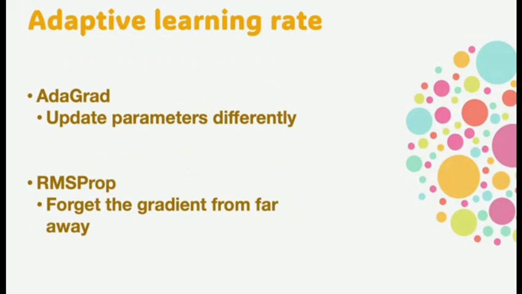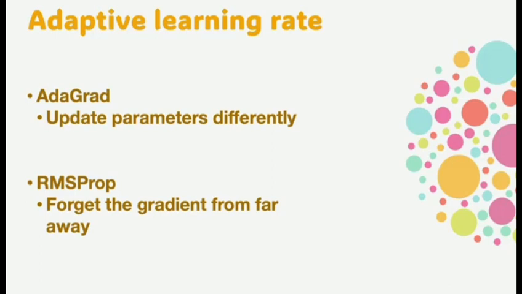So one is adaptive gradient. This algorithm updates the parameters differently using different learning rates. The idea is to keep track of all the gradients from previous steps, and if one parameter's gradient changes a lot, then the learning rate will be smaller, and if it doesn't change a lot, then the parameter will update faster.